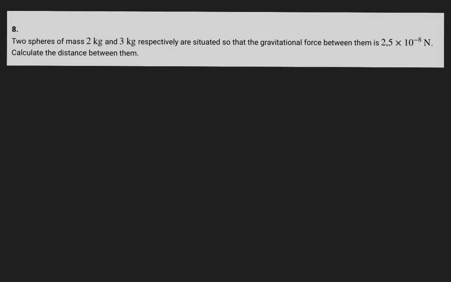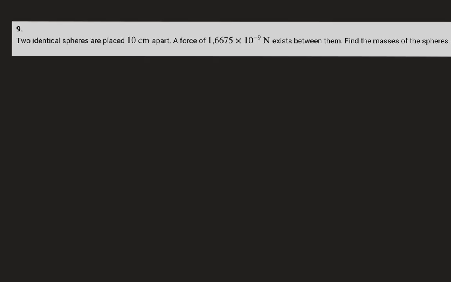Please remember, when you're doing this question, you've got to do some sort of conversion. Number 8. Two spheres of mass 2 kilograms and 3 kilograms respectively are situated so that the gravitational force between them is 2.5 times 10 to the power of negative 8 newtons. Calculate the distance between them. Right, please make sure you write down the base formula first before you do any sort of manipulation and move forward. Number 9.